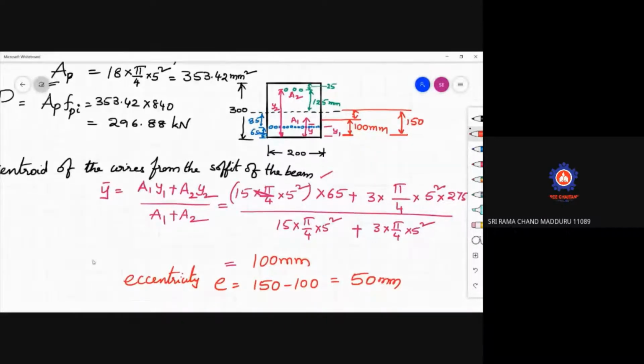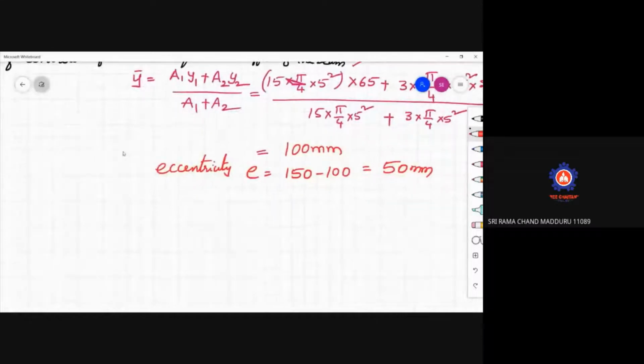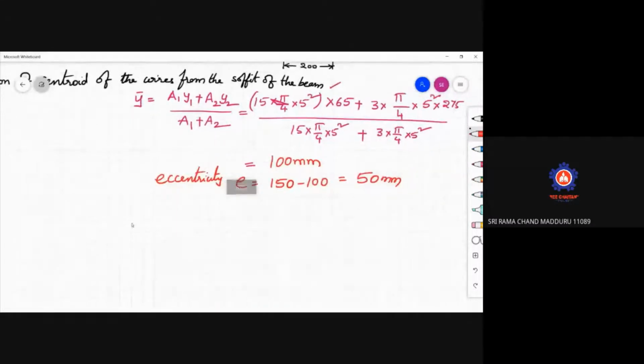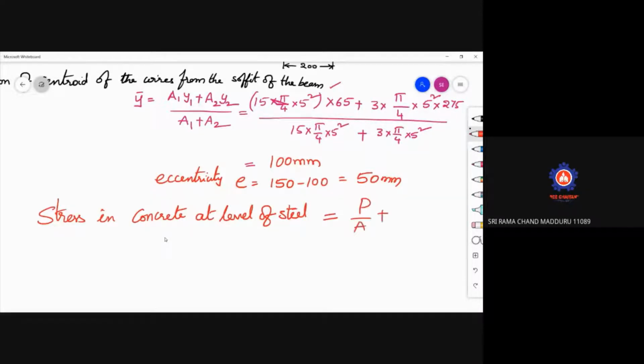Now write down stress in concrete at level of steel. What is the formula? Plus P by A plus P E squared by I. Substitute the values here.